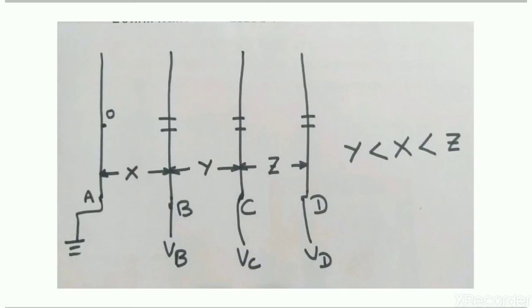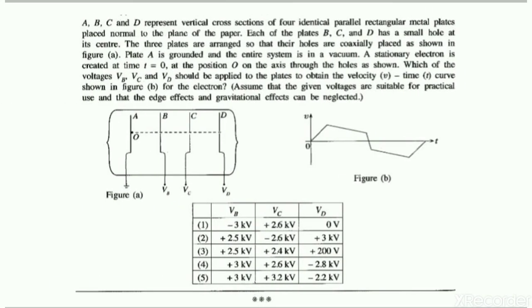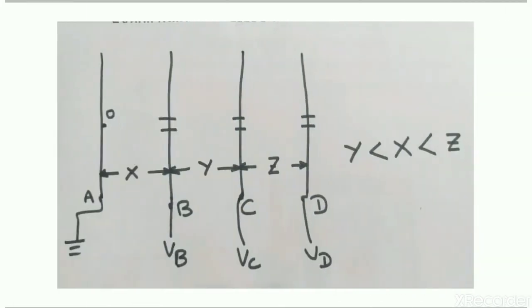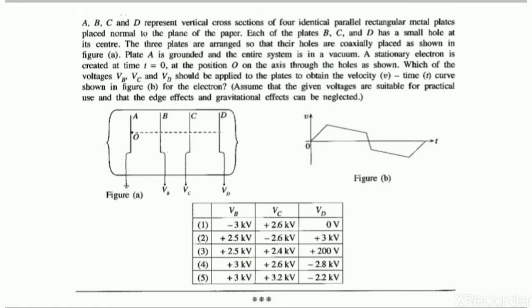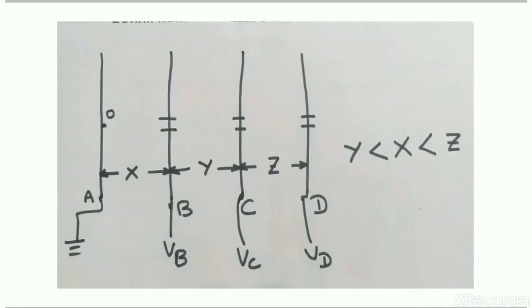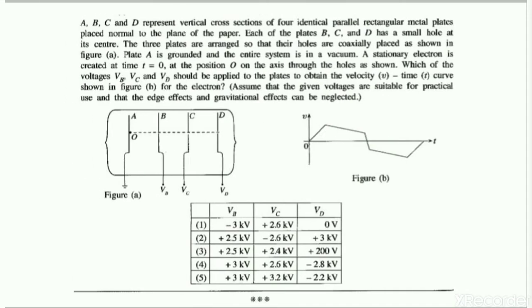So when we look at the answers, for the voltage differences from CD, BC and AB, we can calculate AB, where A is 0 and B is the given value, and BC and CD we can compare. And as we have taken now, the highest voltage difference is Z, then X, then Y.